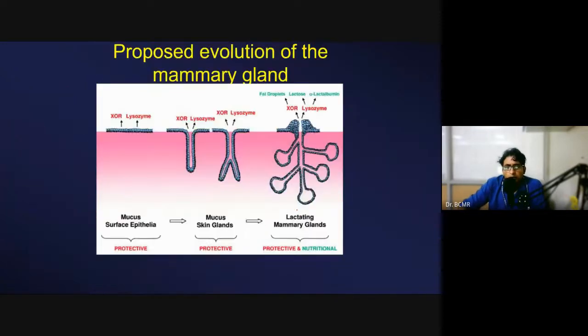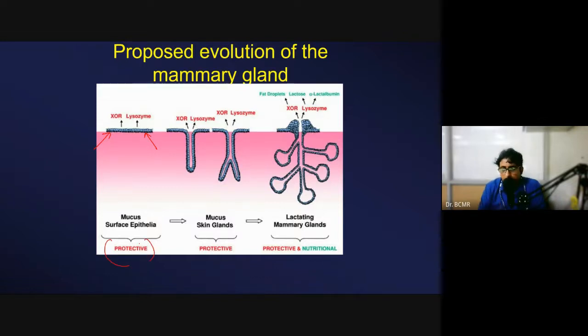But before going on, let's have a look at the model for how the evolution of the mammary gland might have happened. It's a model, okay? Xanthine oxidoreductase, lysozyme, and some of these enzymes are involved in providing protection from bacteria.